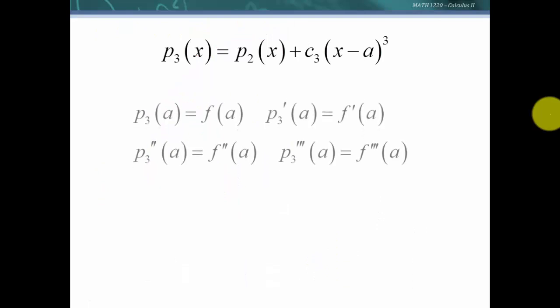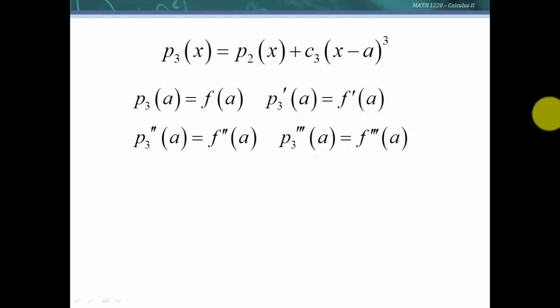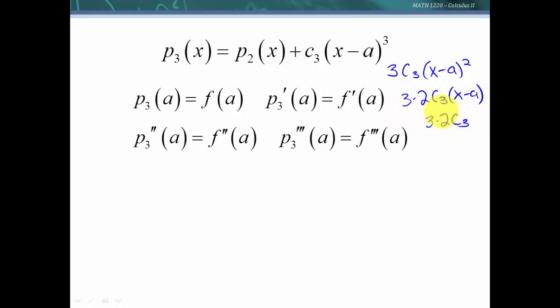Well, let's continue this idea and find p sub 3 by taking p sub 2 and then adding a cubic term with the requirements that the function at a and its derivatives up to its third derivative all agree with this polynomial. The p sub 2 will disappear taking 3 derivatives. So when we do the first derivative, we would have the power out in front and decrease the power by 1. When we take the second derivative, we would have that power out in front, decrease the power by 1. And when we take the third derivative, we would have this.